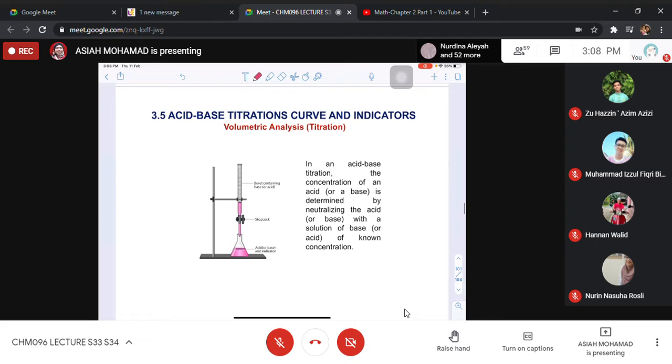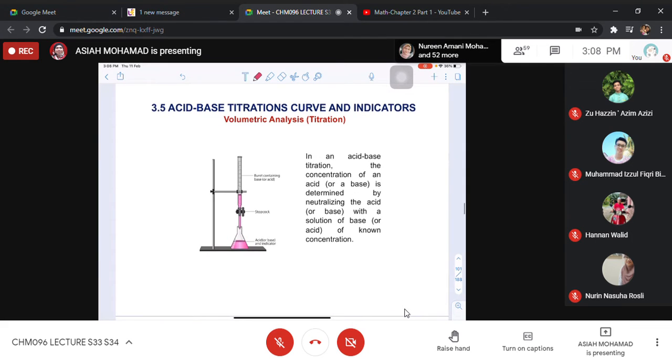Alright, so in this 3.5, this is the setup. Usually for acid-base titration, this is the setup that we do in lab. We have an unknown concentration of either acid or base in the flask. You can use a beaker as well, but usually we use a conical flask to avoid spilling.